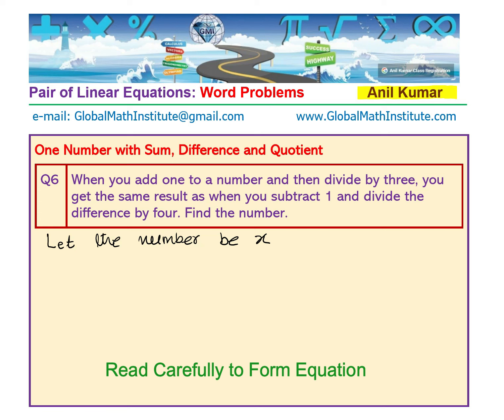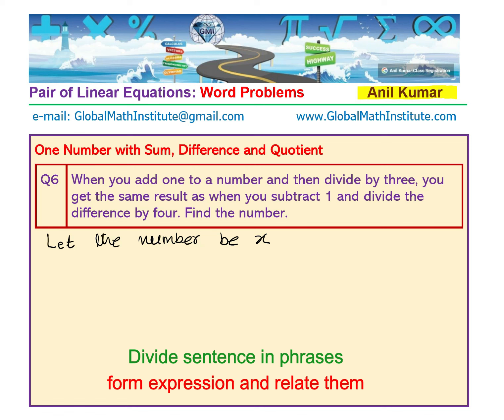Now let's again read the word problem. It is kind of necessary to read a word problem at least twice, if not more. But now, the second time, we are trying to read it to understand how we can form the equation. So it says, when you add 1 to a number.